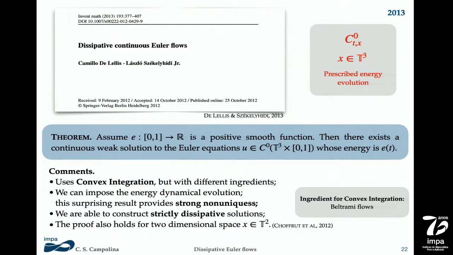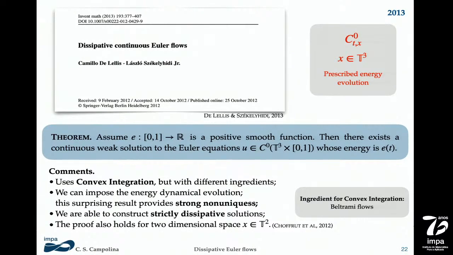So this is a key ingredient if you want, as Arthur just mentioned, a strictly dissipative solution, because now we can prescribe an energy profile which is indeed dissipating, right? Of course, you can also prescribe something which is constant, something which is increasing. You can prescribe anything with these conditions. It's a strictly positive smooth function. Okay.